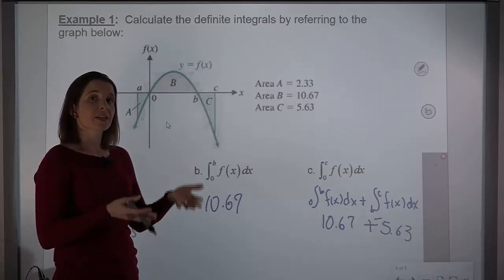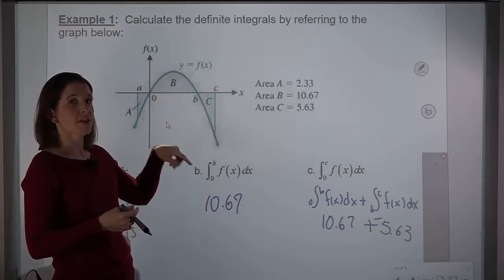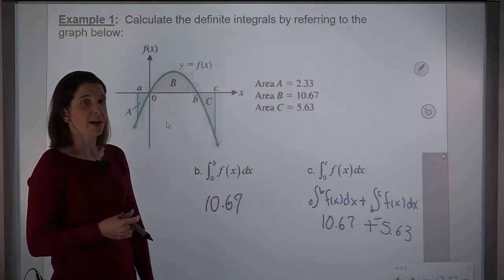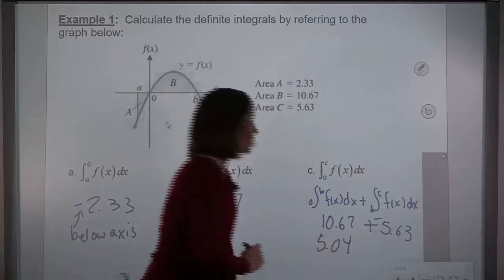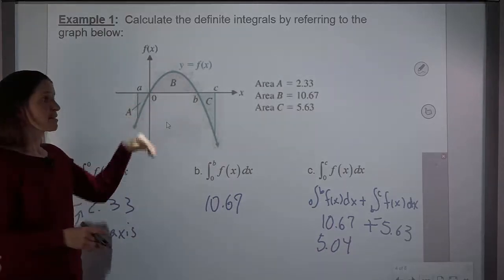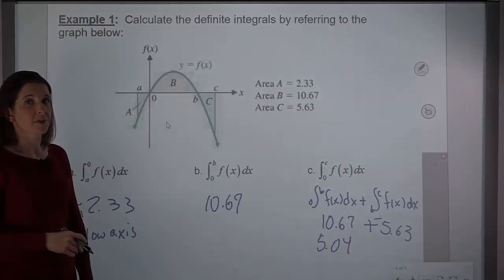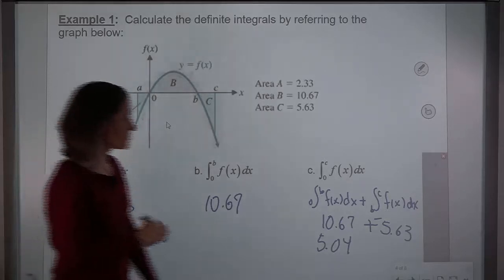And so the positive and the negative area will cancel each other, but we can see there is more area above than below, and so we will get a positive answer of 5.04. So that's all you're doing for these, is looking at the areas given and remembering that any area below the axis will be counted as a negative because this gives us net area.